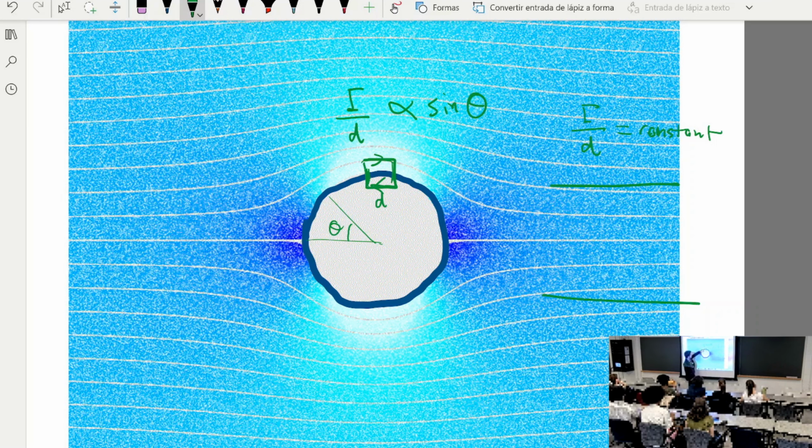If you integrate over this rectangular shape, and the velocity on this leg is zero and these two legs have directions orthogonal to the velocity, then the velocity here has to be gamma over d. Gamma over d actually has the unit of velocity. So that also means the velocity just outside of the cylinder is going to be zero here, and maximum here, and maximum here.